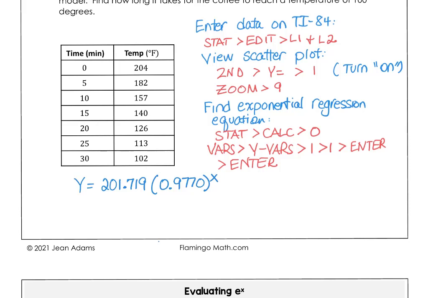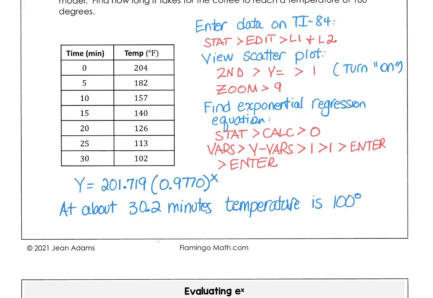And if you look at the equation at about 30.2 minutes, you'll see that the temperature is right around 100 degrees. And that's what they were looking for. When does that coffee cool off to 100 degrees? So it's right about 30 minutes.